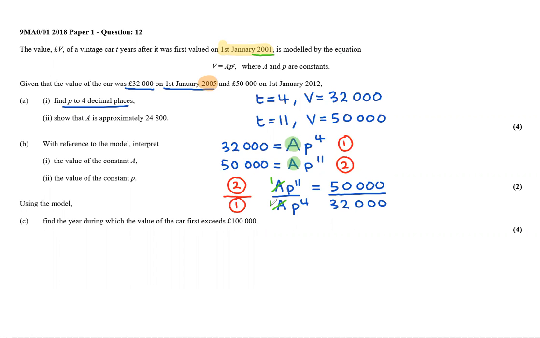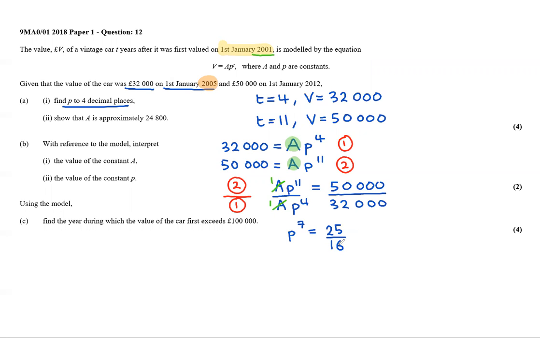So using our laws of indices, we can now see that P is going to be to the power 11 subtract 4, which is 7. And on the right-hand side, if we simplify 50 over 32, that will simplify to 25 over 16.